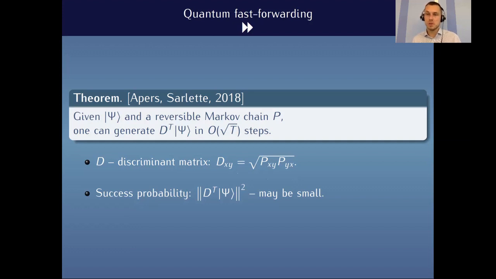And that's because the discriminant matrix is not unitary, so the algorithm actually generates a normalized version of the target vector, but it does so with probability which is the squared norm of the target vector. And if this norm is small, then so is the success probability, and it may be the case that we obtain the desired vector only with some small probability.